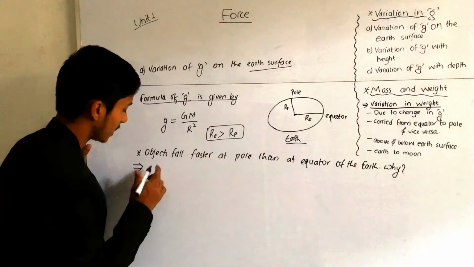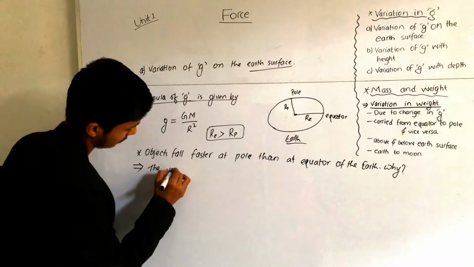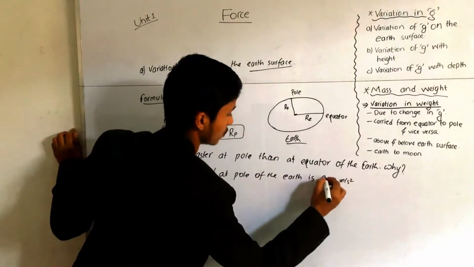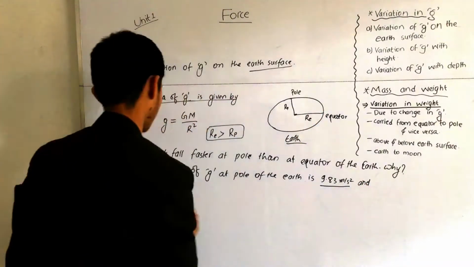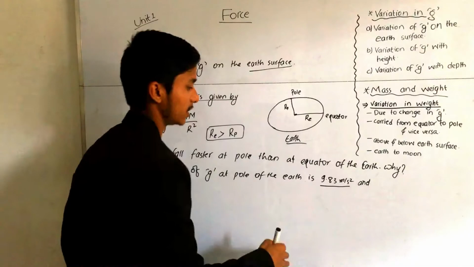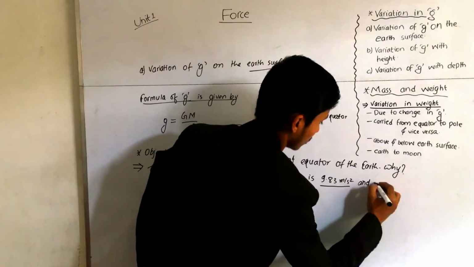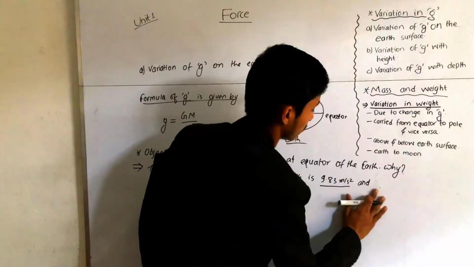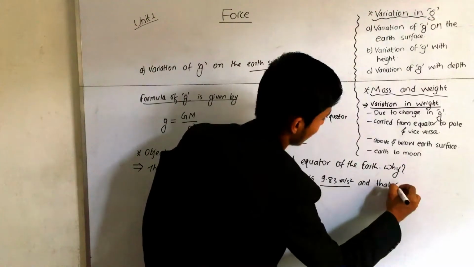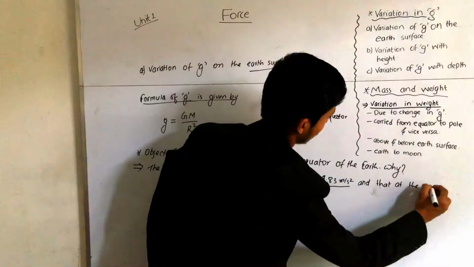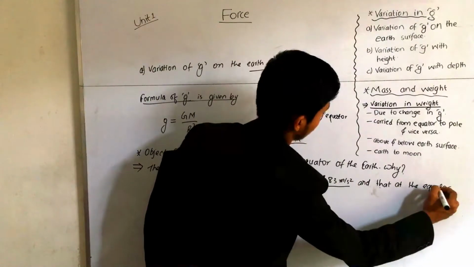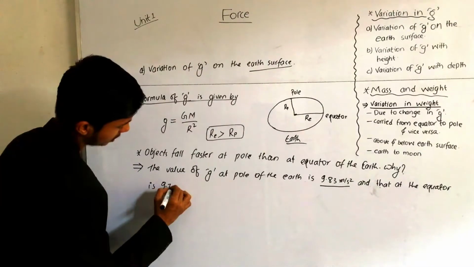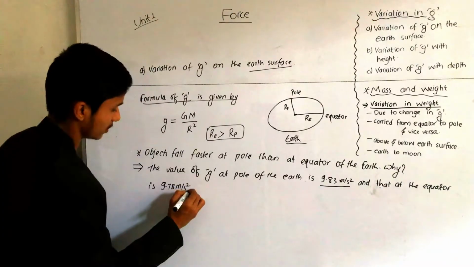So we can directly write here the value of acceleration due to gravity at the pole of the earth is this much, and that at the equator is 9.78 meter per second square.